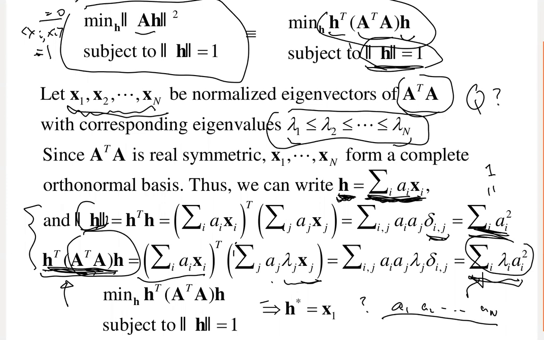For the objective function I'm trying to minimize, I get the sum over lambda i ai square. Now the ai are the things I can vary. I want to find the ai such that this thing will be minimized, but also subject to this constraint here. Yes, very close, and you are right actually.